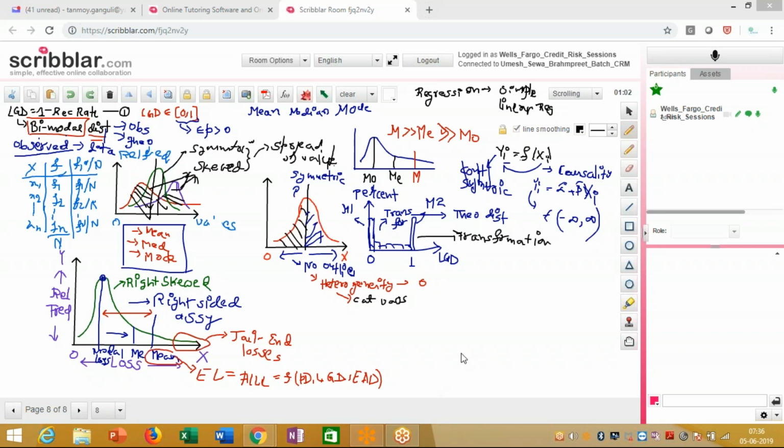And one of the very famous transformations which we generally talk about is the Box-Cox transformation.